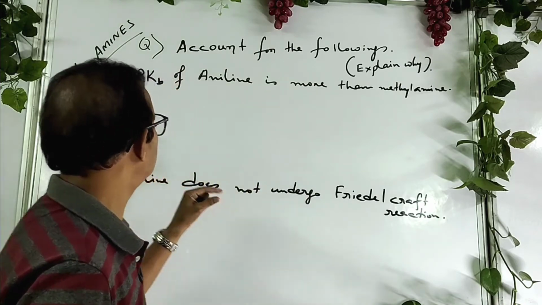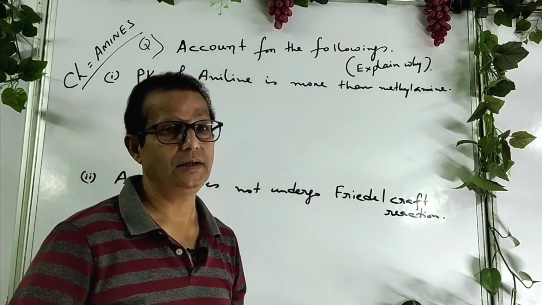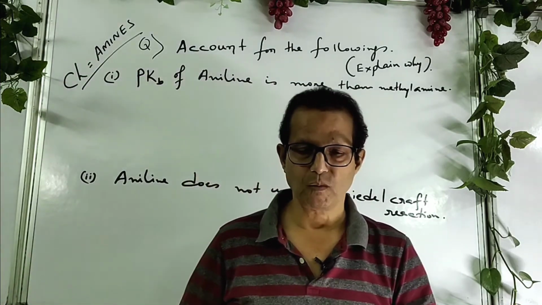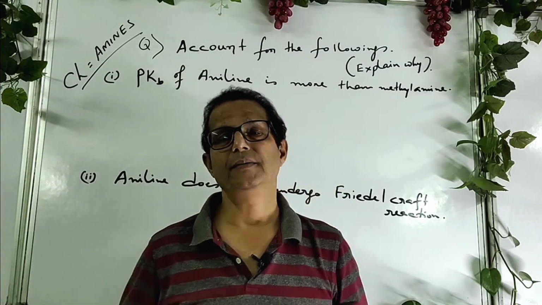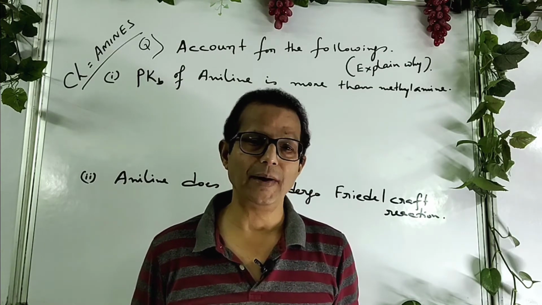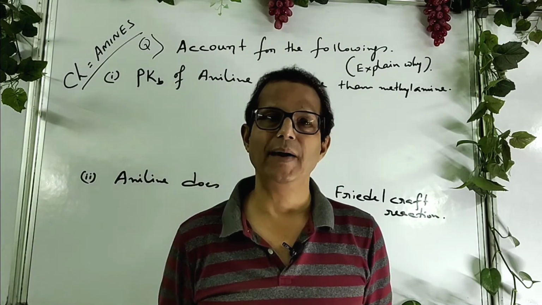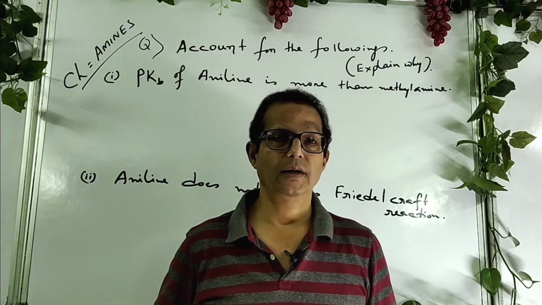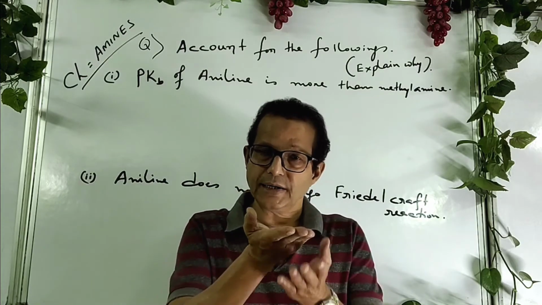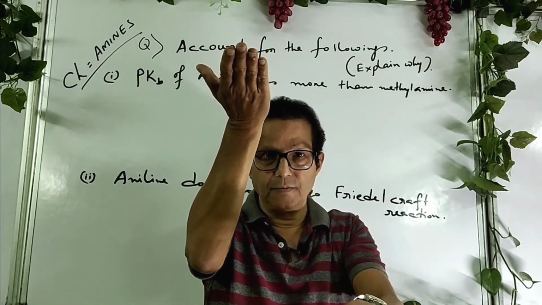The first question is, pKb of aniline is more than methylamine. Listen, pKb is the measure of basicity of amine. Remember it, pKb is a measure of basicity of amine. Greater the value of pKb, lesser will be the basicity.